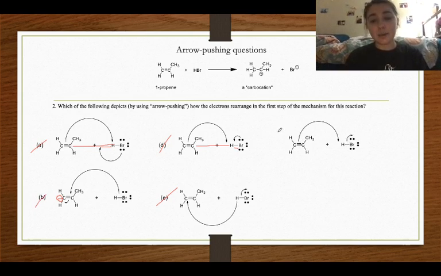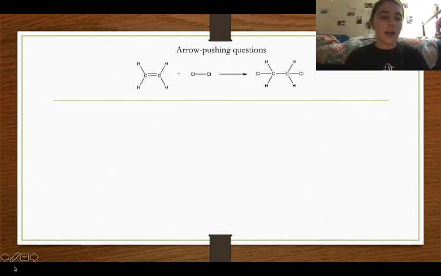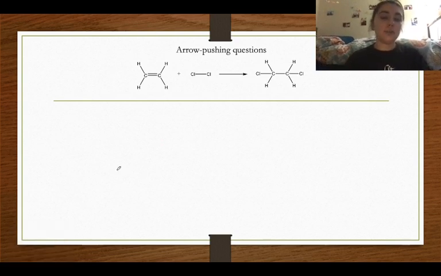And that's exactly what C is doing. You've got electrons moving away from C, leaving a positive charge on C, and electrons going towards bromine, which is giving a negative charge on bromine. And that's what I want to see. So C is correct.